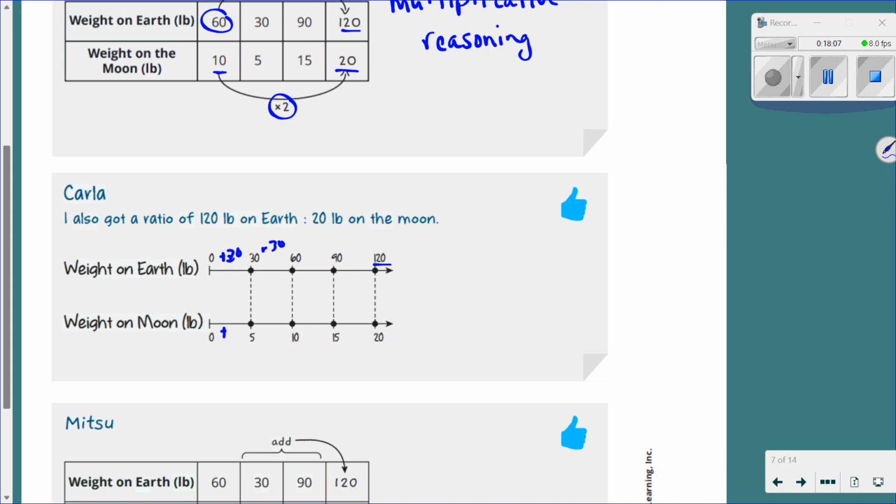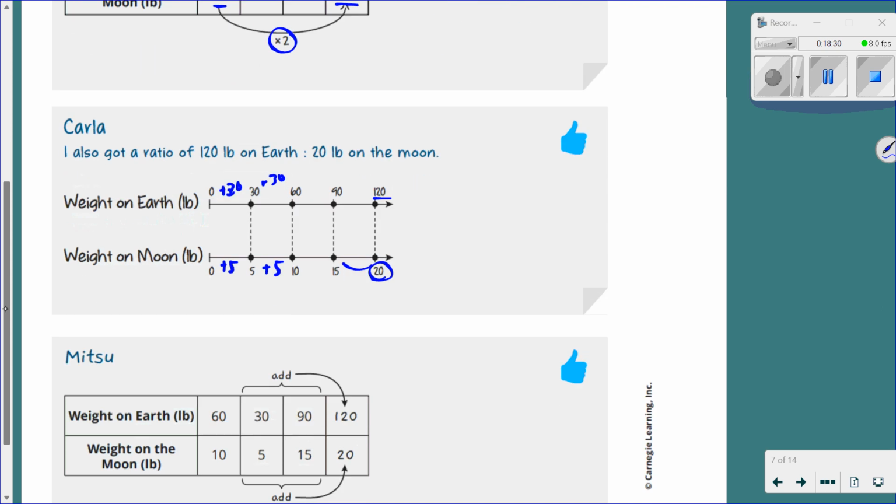My interval on the bottom is I'm going up by 5. So if I'm going up by 5 each time, now I just add 5 and I get to 20. So she used a double number line, just another format, and got to the same answer. Does her reasoning make sense to you? Anybody not understand her reasoning? Okay, so everybody's good on that one?